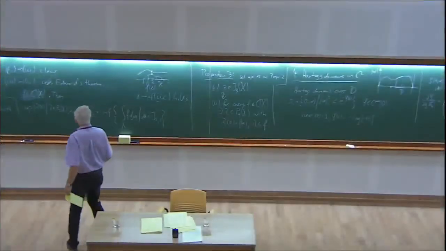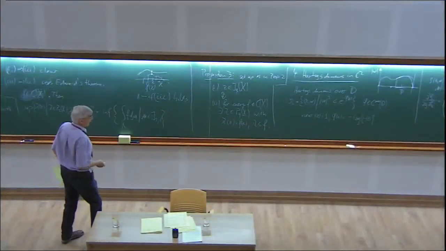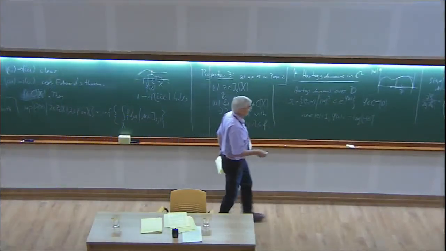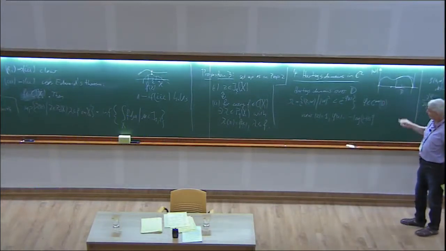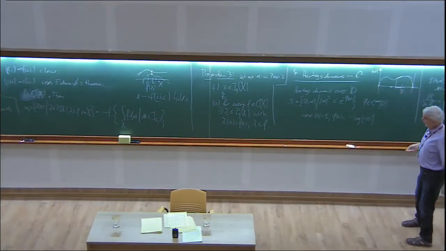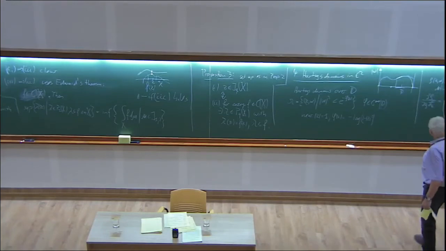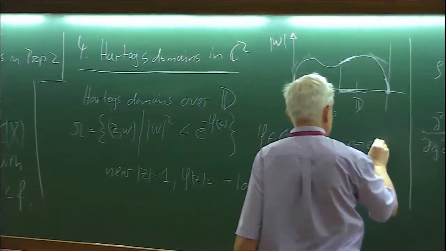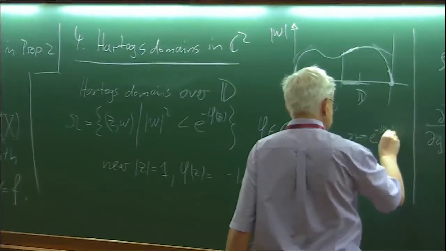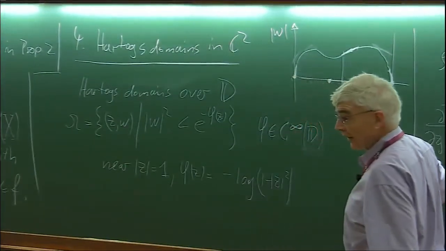In the other direction, if K has non-empty interior here, take a little open set, like a little disk. Well, how do you map into the point here? You map C goes to e to the minus phi of C, right?